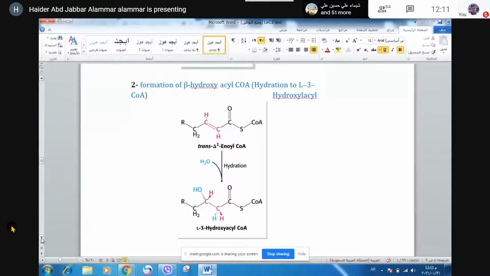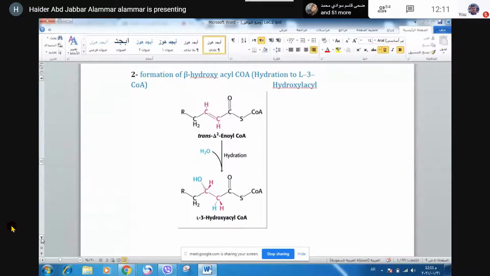The second most important step is the formation of beta or L-3 hydroxyacyl coenzyme A. In the first step, we create a double bond. In the second step, we are going to break down the double bond again.